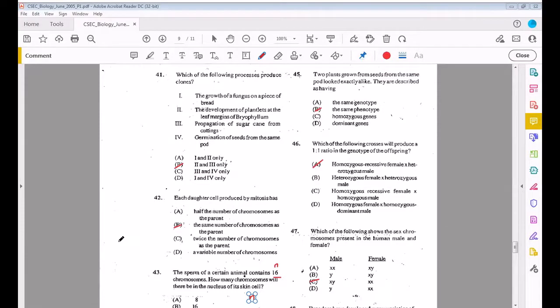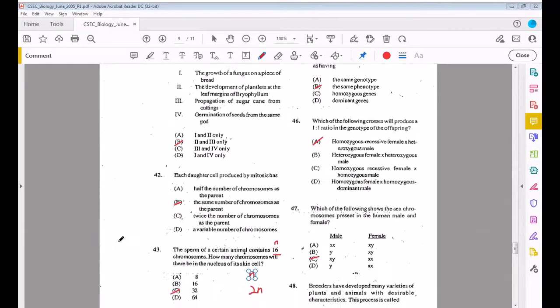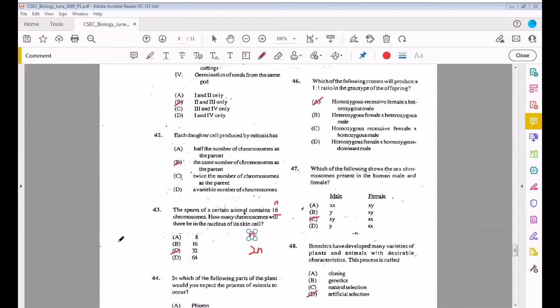So we don't know if it's two homozygous parents that were crossed. And we also do not know if the genetic information that they have would be heterozygous or homozygous. So that's why we can say, because they look exactly alike, they have the same phenotype. Phenotype is the physical, what we can see based on the genetic information.